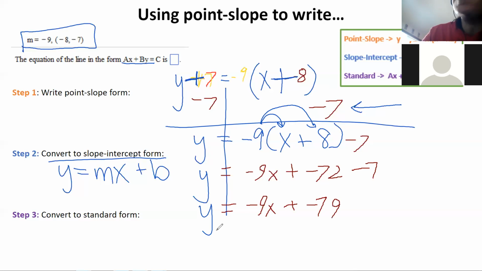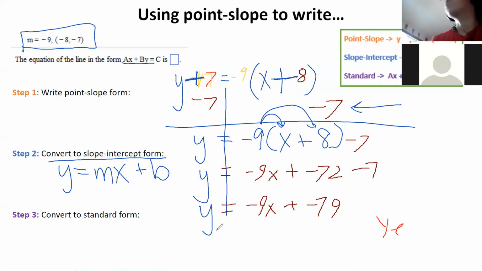Yeah, -79. Perfect. What do you guys think about that? Do you agree? Does that look good? I think it looks good. Yes? Do we agree? Yes, this person agrees. Callie agrees.